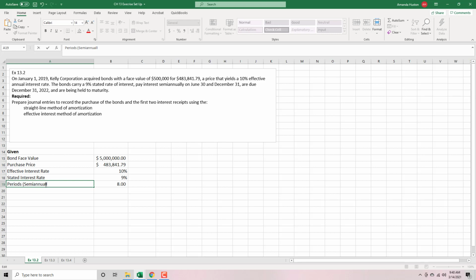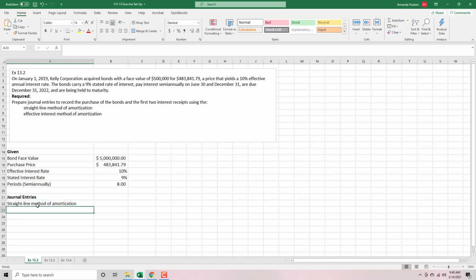All right. So now we're going to make journal entries. And this will be the straight line method of amortization. Okay, so they purchased the bond on 1/1/19.